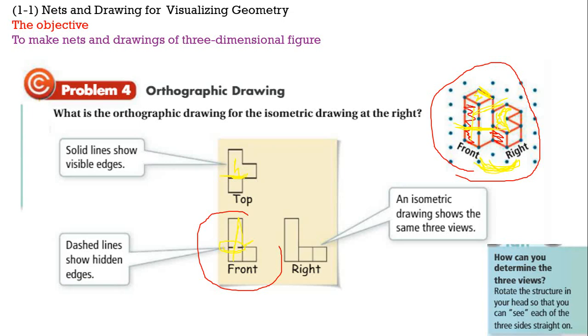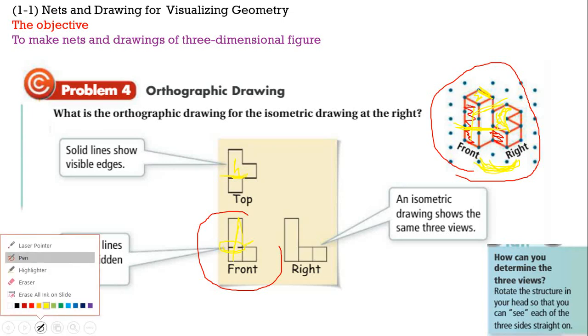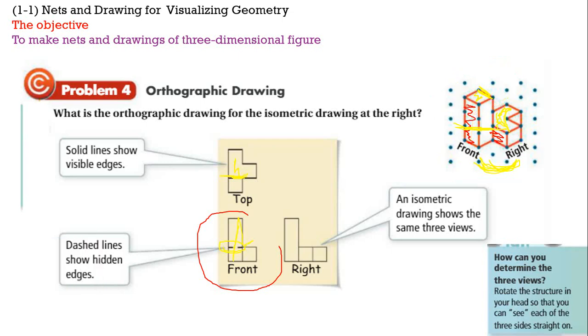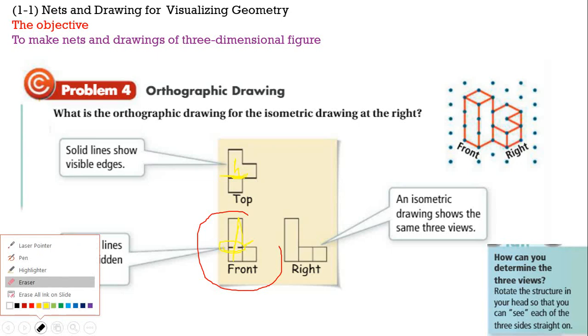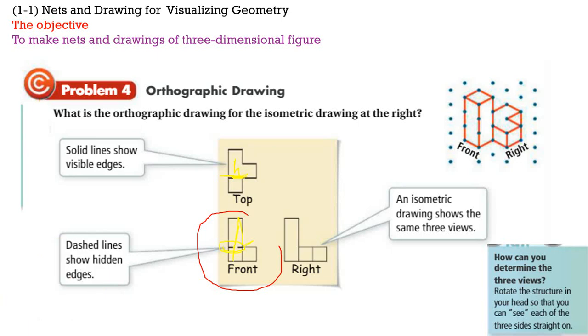So this side, let me change the color. Here, this side, you can see this one, this one, and this one. What you can see from the edges, this edge you can see it.